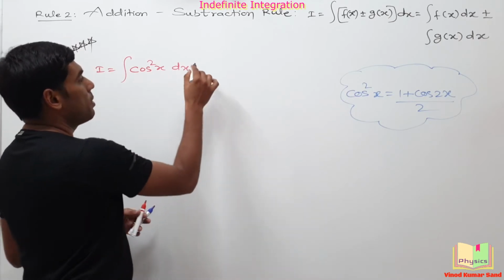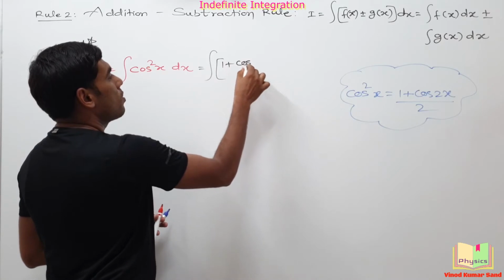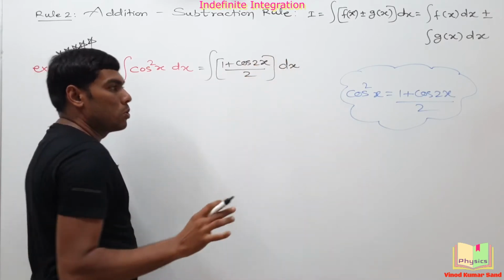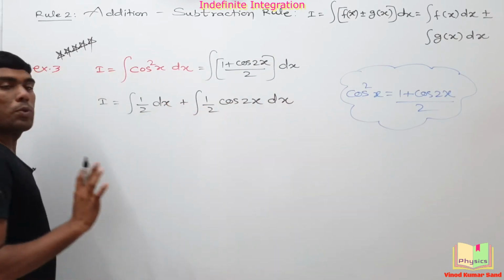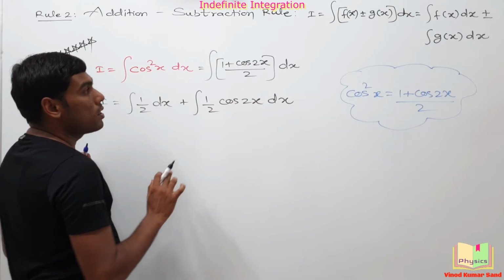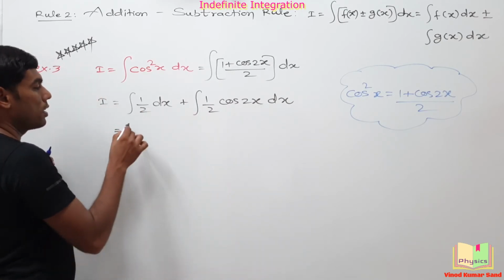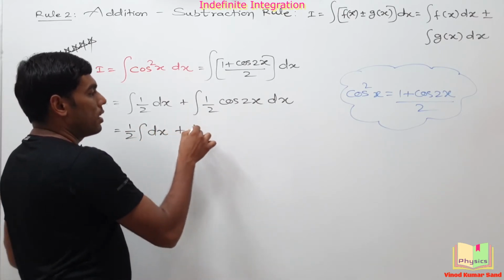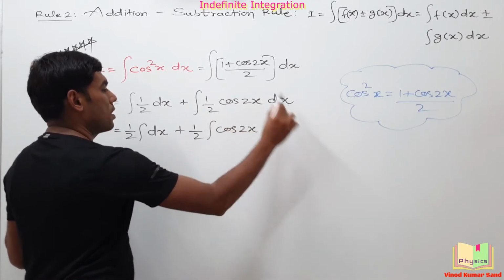So this can be written as 1 plus cos 2x by 2. Now the calculation is simple for us. Do you agree? Now the 1 by 2 is a constant, so it can be taken outside of the integration. So here we are left with this thing, and here you are left with cos 2x.